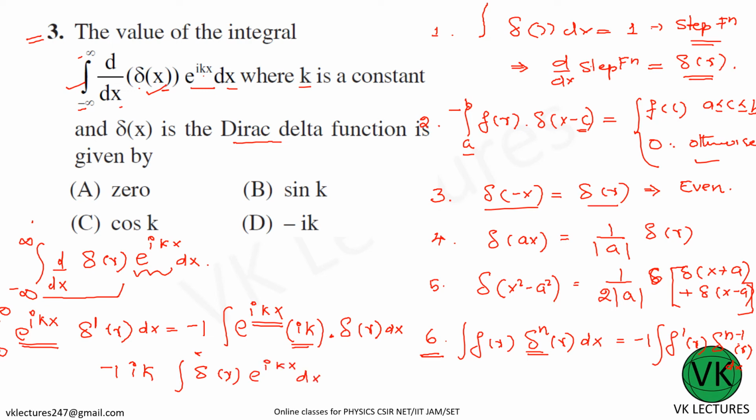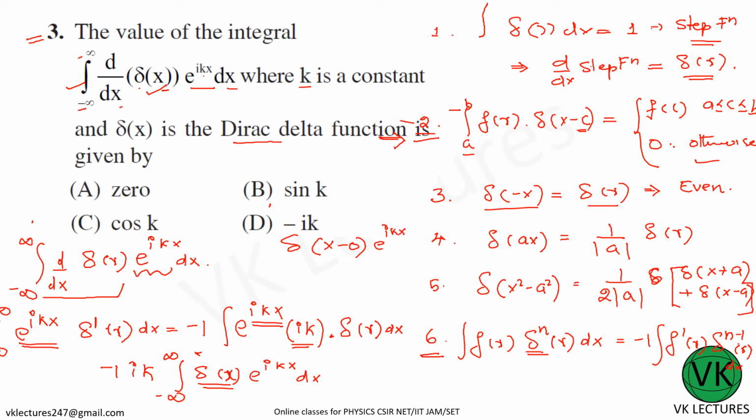Now go back to our second point. Here we have written the second point, that is integral a to b f of x into delta of x minus c equals f of c. Now this is from minus infinity to plus infinity, and delta of x we can write as delta of x minus 0, into e to the power ikx.